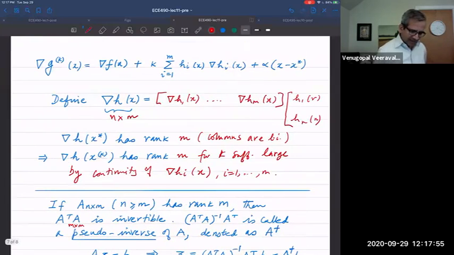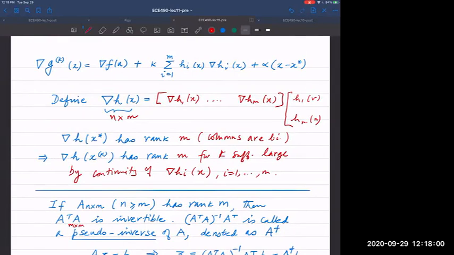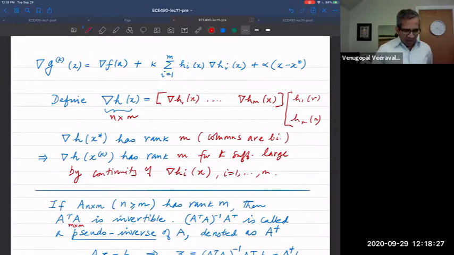There's a rank. Okay. You said the gradient of h has rank m, and when k is sufficiently large, then the gradient of h at xk also has rank m. But it seems like it's possible to infinitesimally perturb a rank m minus 1 matrix and get a rank m matrix. No, that's impossible by continuity of the gradient of h. That's why we're exploiting the continuity.